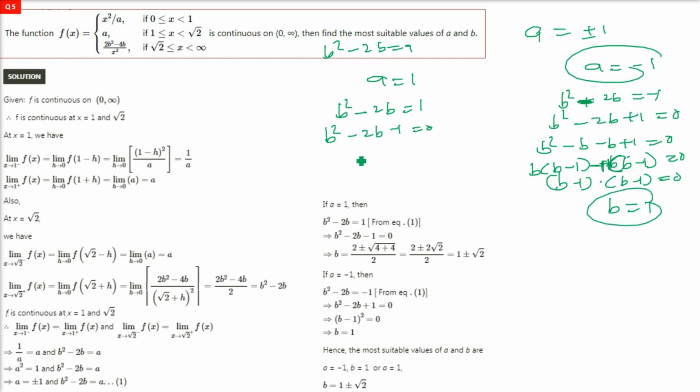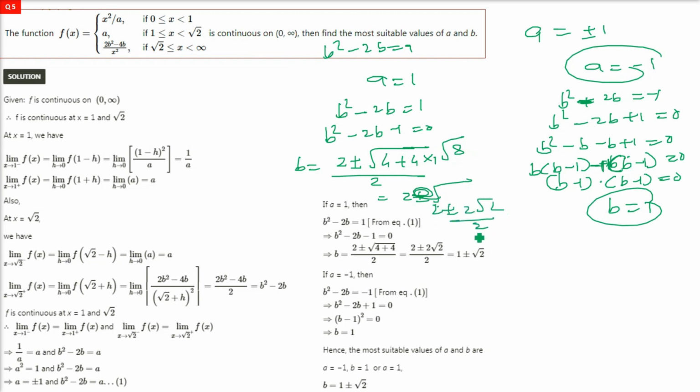Now when you have this b square minus 2b minus 1, as I said, this is mainly a quadratic equation solution. So assume it to be ax square plus bx plus c. b will be equal to minus b plus minus under root b square minus 4ac by 2a. You know what to use for a, b, c. So I'm just writing those values. And this is 2. So you get 2 plus minus under root 8. In place of 8, you can write 2 root 2.